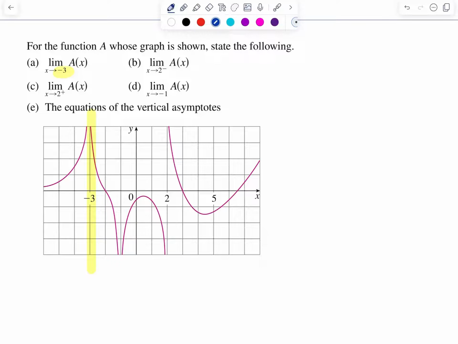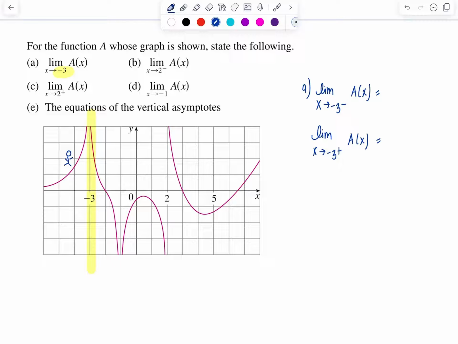So I'm going to first consider what the limit is from the left and from the right before I answer this question. So the limit as x approaches -3 from the left of a of x, and then I also need the limit as x approaches -3 from the right of a of x. Okay. So from the left-hand side, say we're walking on the graph over here.